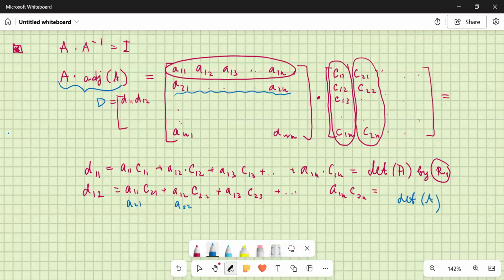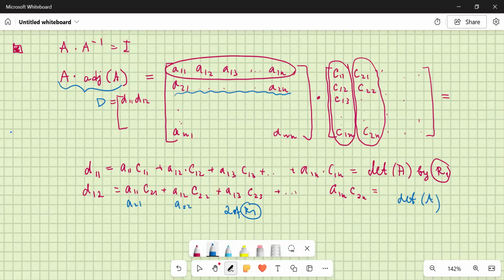But if we have different elements, like from the first row, it's also going to give us a determinant, but of a matrix which has two rows equal to row 1. I'm going to write row 1 twice, because the formula actually does not know what the matrix was. It is just taking cofactors and multiplying by numbers.